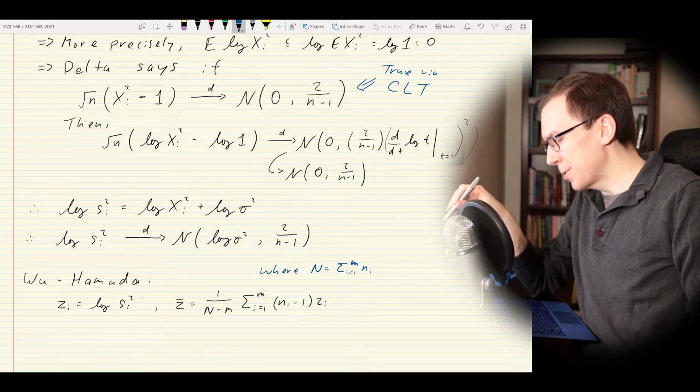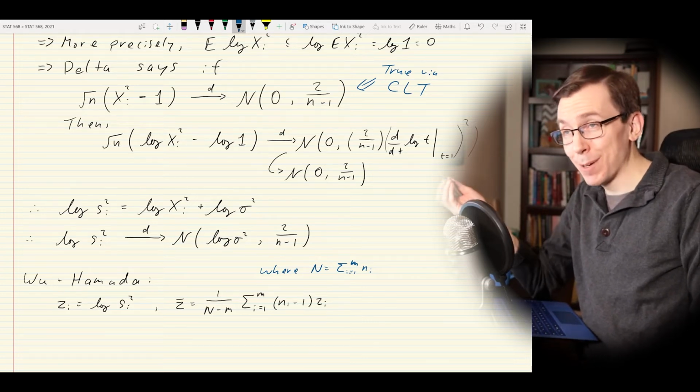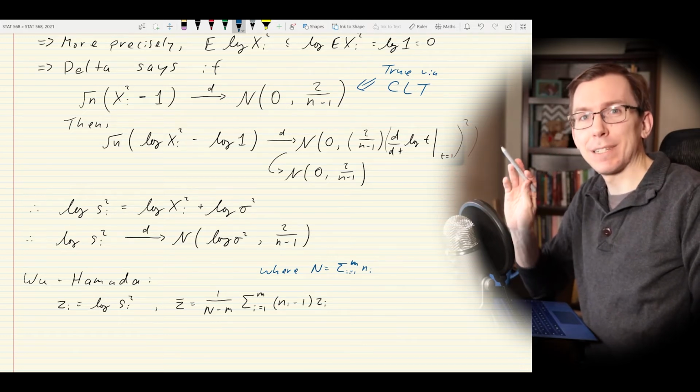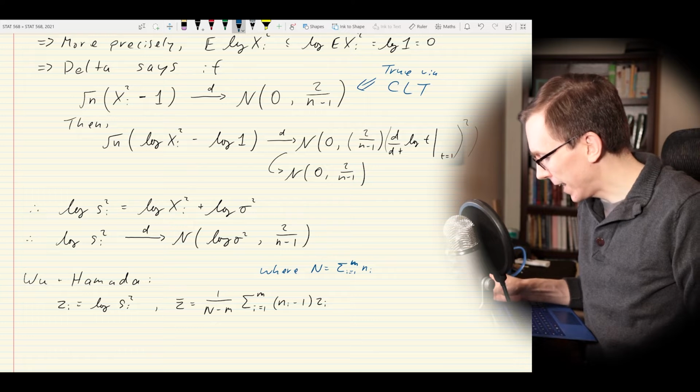But in our case, I'm assuming that all of the categories have the same number of observations to make things easier, which is just going to be little n times little m. So in our case, this is just going to be nm.